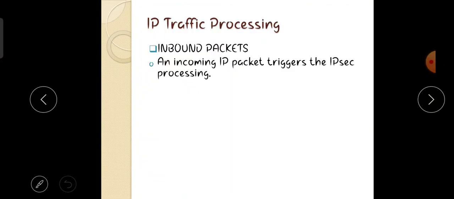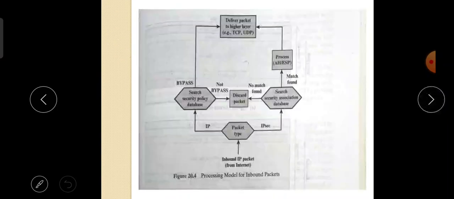Next we can move to the inbound packets. An incoming packet triggers the IP security processing. Here we can see the steps. First, IP security determines whether this is an unsecured IP packet or one that has an ESP or AH header or trailer, by examining the IP protocol field or next header field.